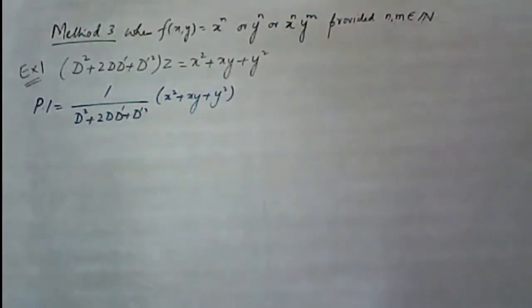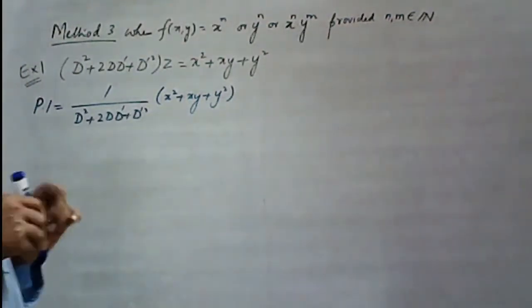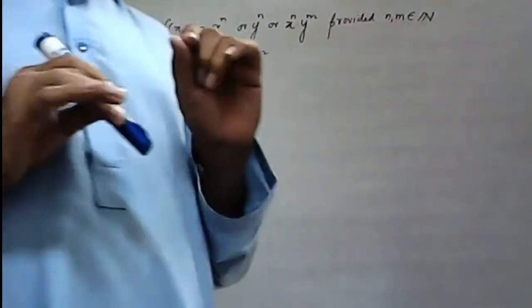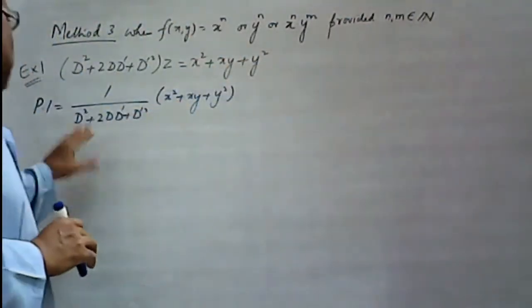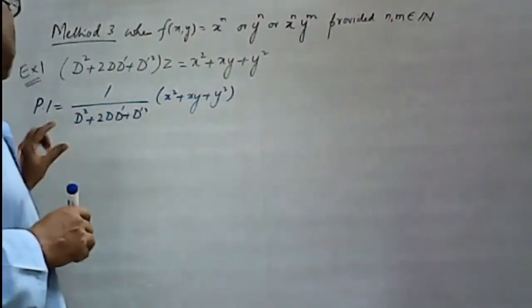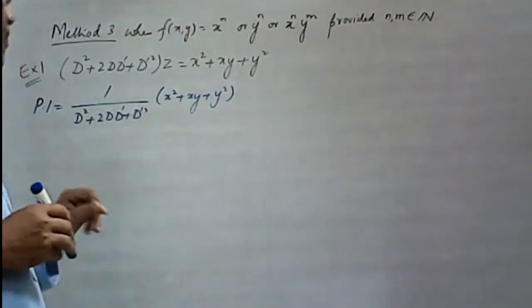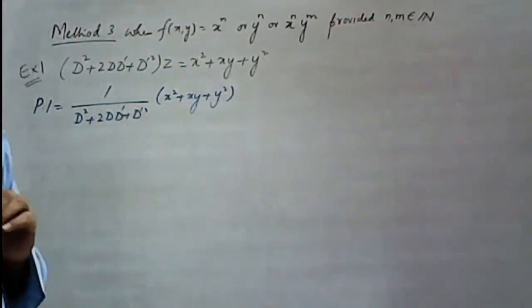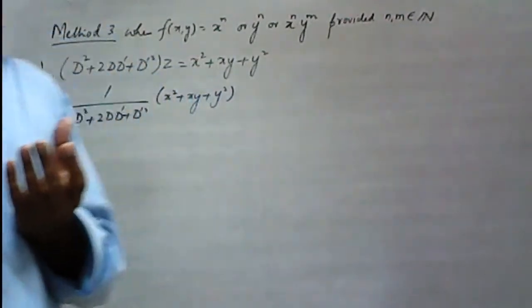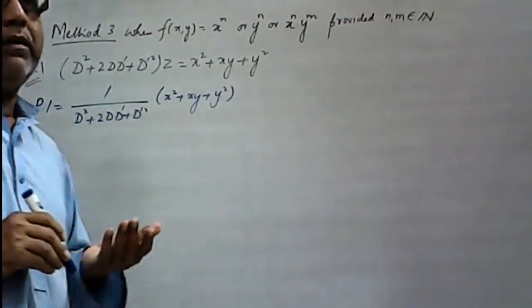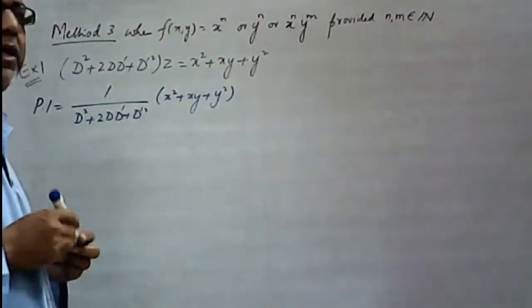So what is the way to make 1, because it is mandatory to make the form 1 plus x power n? There are two possibilities: either take D dash common or take D common. Both possibilities are equal and you can try any of them.